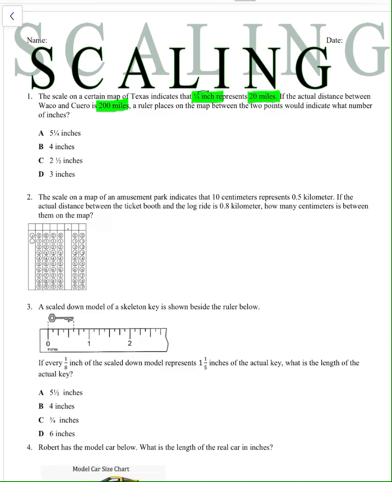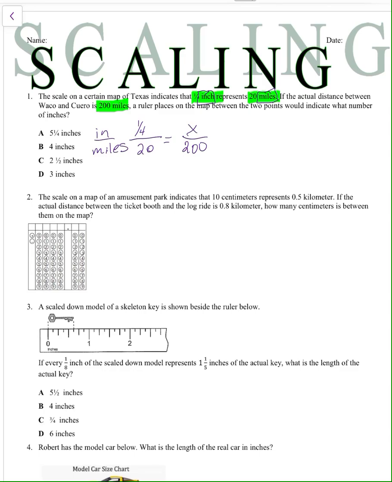We need to set up our word ratio. We're comparing inches and miles. You always set up your word ratio first so that you can make sure your numbers are in the right place. So 1/4 inch compares to 20 miles, and then the 200 miles goes at the bottom with the miles.